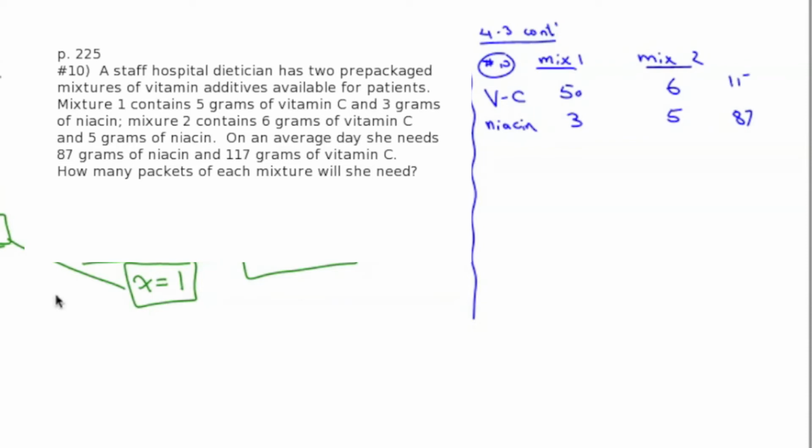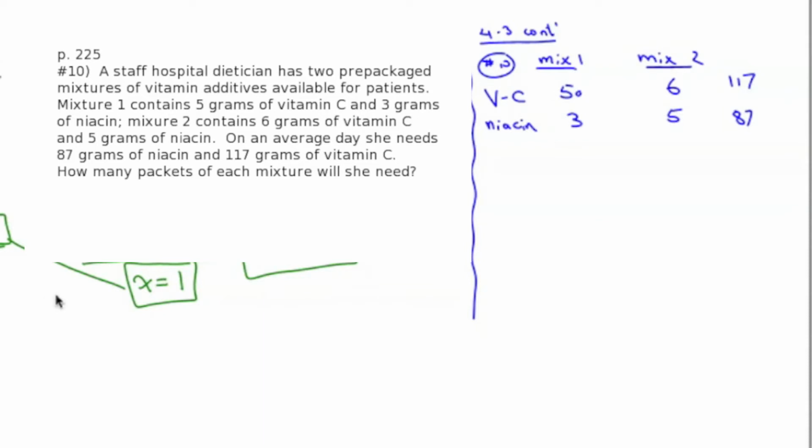Now remember the last table I set up, the tables went vertically, but this one is going horizontally. So what don't I know? What are my variables? How much of mix 1 and how much of mix 2?